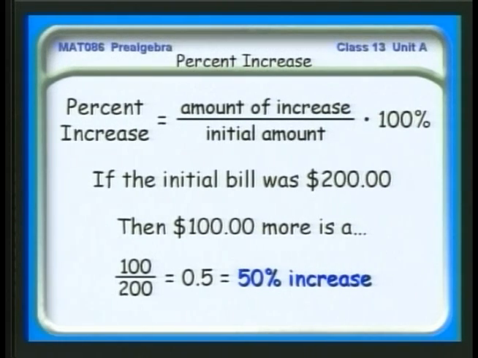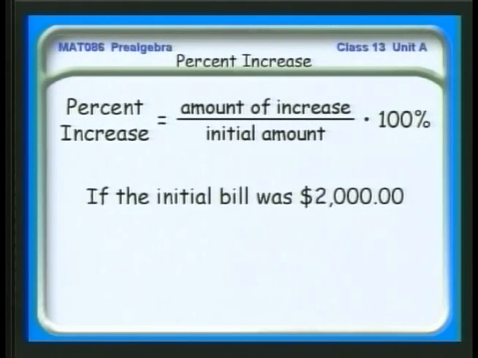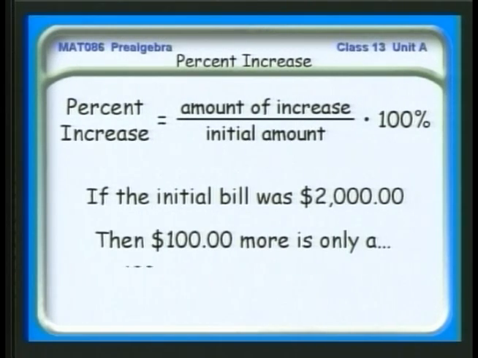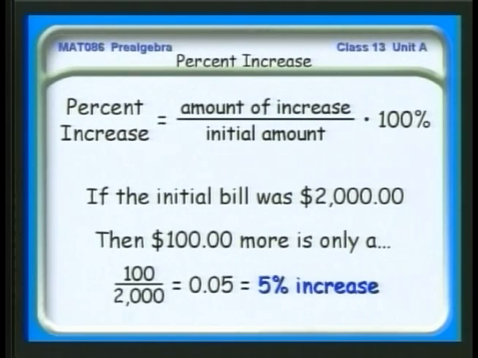So I have the $100 more over 200, and all of a sudden, I'm talking about a 50% increase. But suppose I have that same $100 and my initial bill, instead of being $200, is now $2,000. So I have $100 over 2,000, and now instead of a 50% increase, I have a 5% increase.